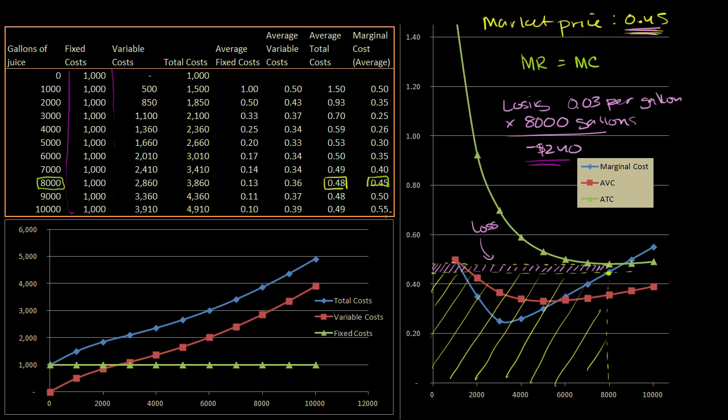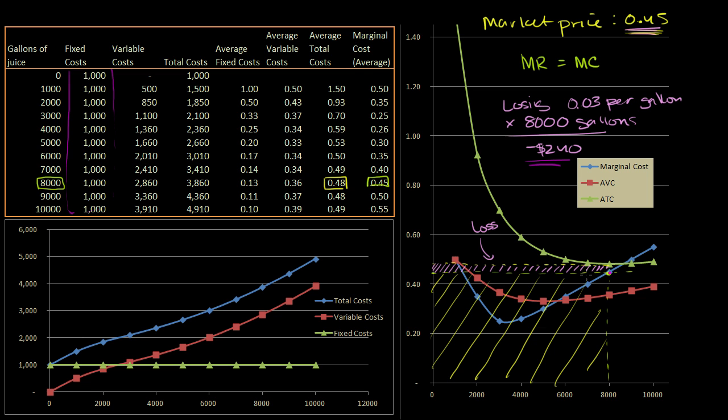And you might say, well, why don't I just keep producing more and more units? Maybe I produce 9,000 units, where the marginal cost all of a sudden is higher than our marginal revenue. The reason that won't make any sense is that each of those incremental units that you're producing beyond the 8,000th, you're losing money on those.